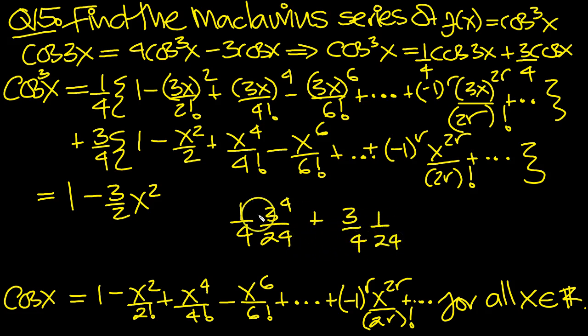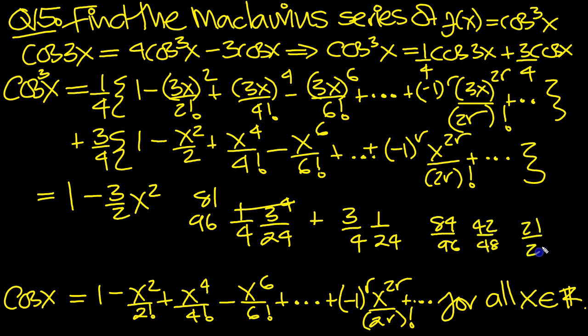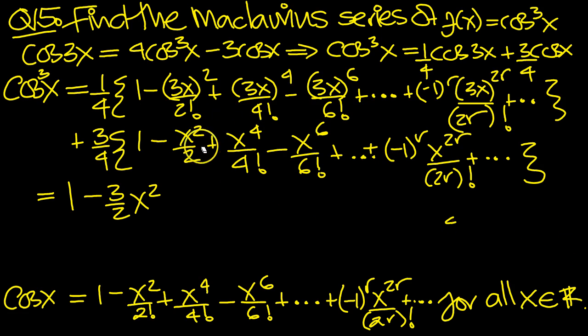So we've got 81 over 96, I believe, and 3, so it's 84 over 96, which is 42 over 48, which is 21 over 24, which is 7/8. Yeah, so we got 7/8 there. So let's put that down. That's the x to the 4th term. 7/8 is what we've worked out, and it's a plus. Plus 7 over 8 x to the 4.